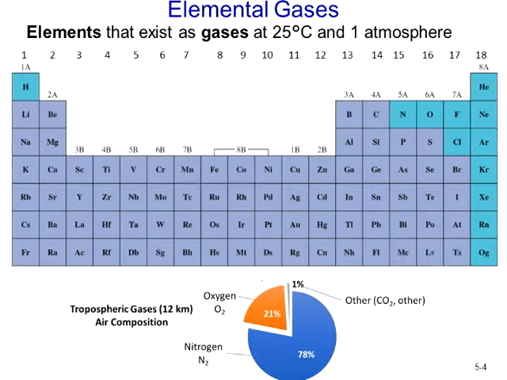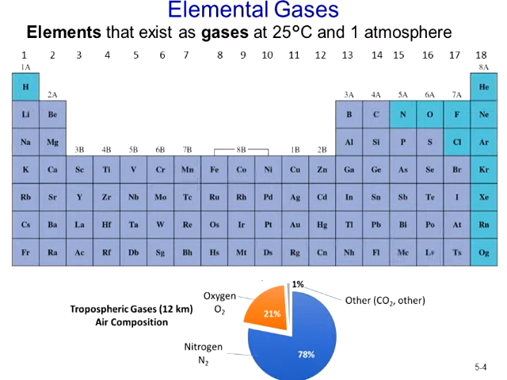If we were to examine the periodic table, we find that there are several gases that exist naturally at room temperature. And when we talk about room temperature, we generally refer to it as 25 degrees C or 298 K. The noble gases naturally exist as gases under these conditions.